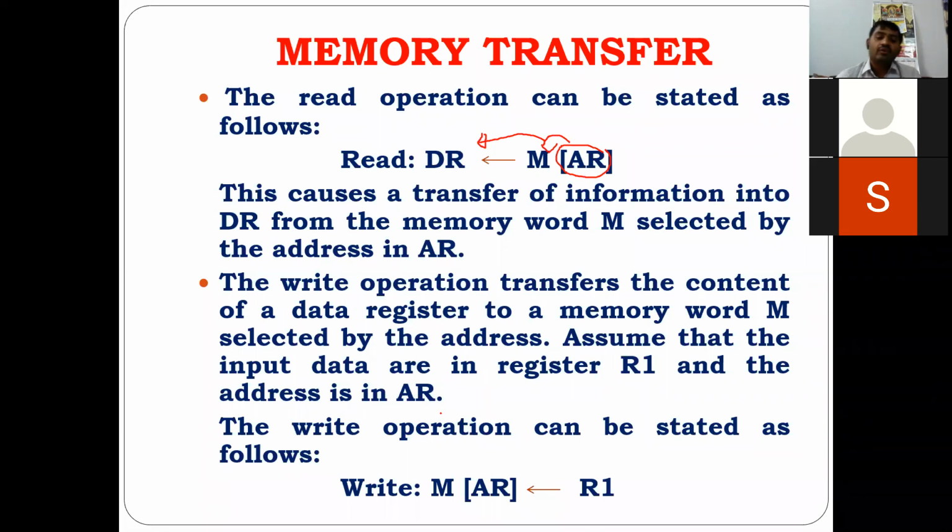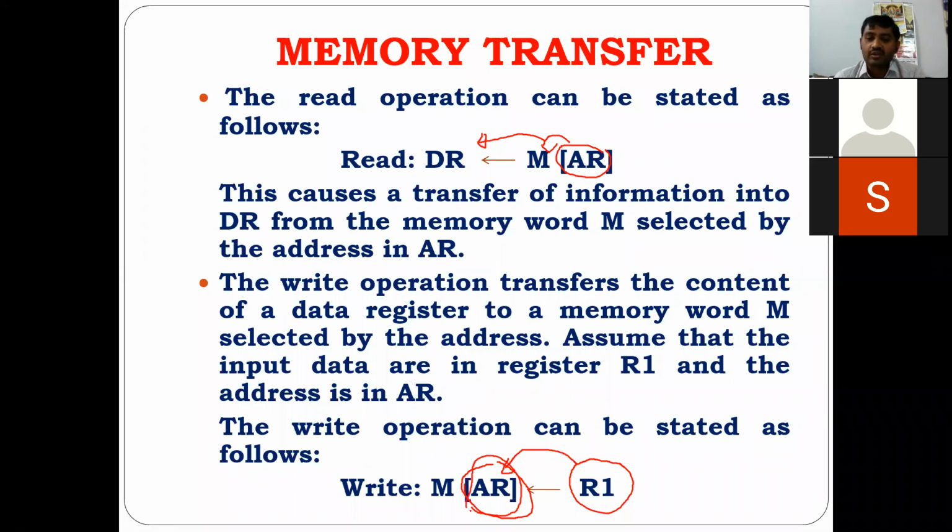Similar to that, when you are going to write, you have some data in a register R1, and that has to be written onto some location. That location is the address that we are writing as M of AR. This word will be saved onto the address location mentioned over here.